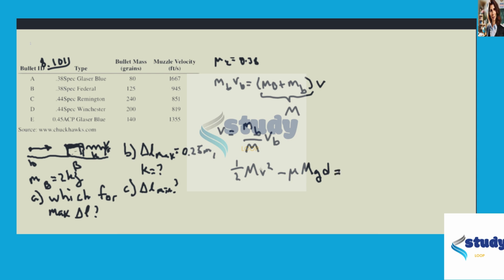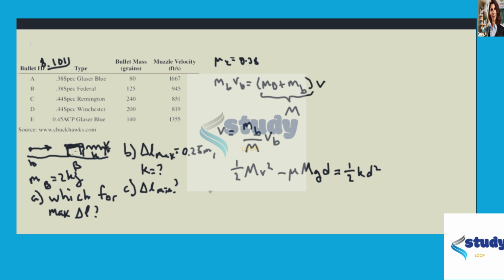And so the initial mechanical energy we start with, minus what we lose to friction, is going to go into compressing the spring. So this is the potential energy stored in the spring.